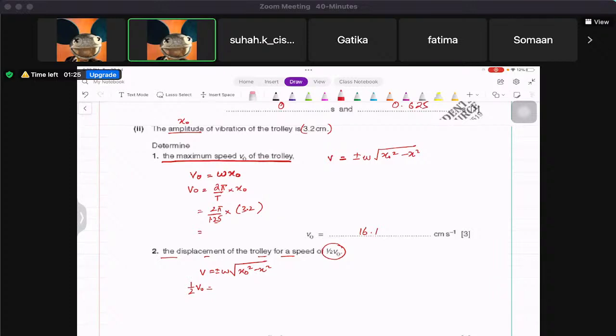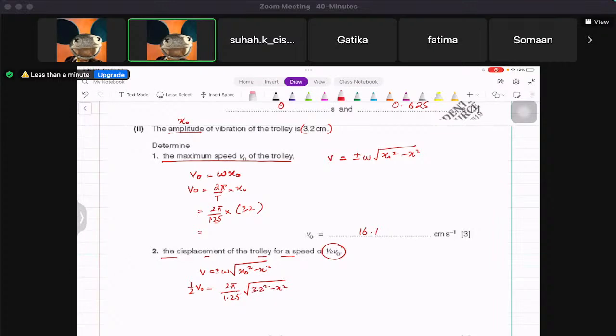Omega is 2 pi by 1.25, and the root of x naught squared, which is basically 3.2 squared minus x squared. We want to find the displacement at this point.